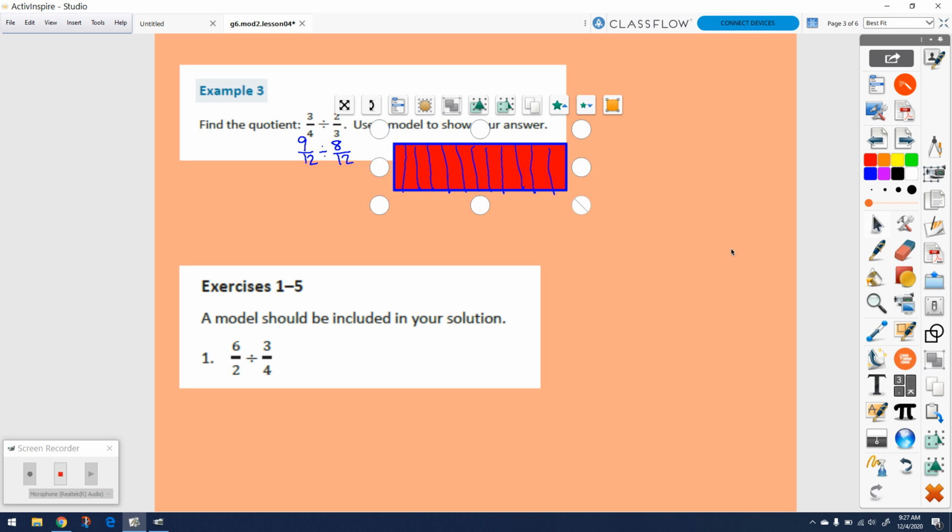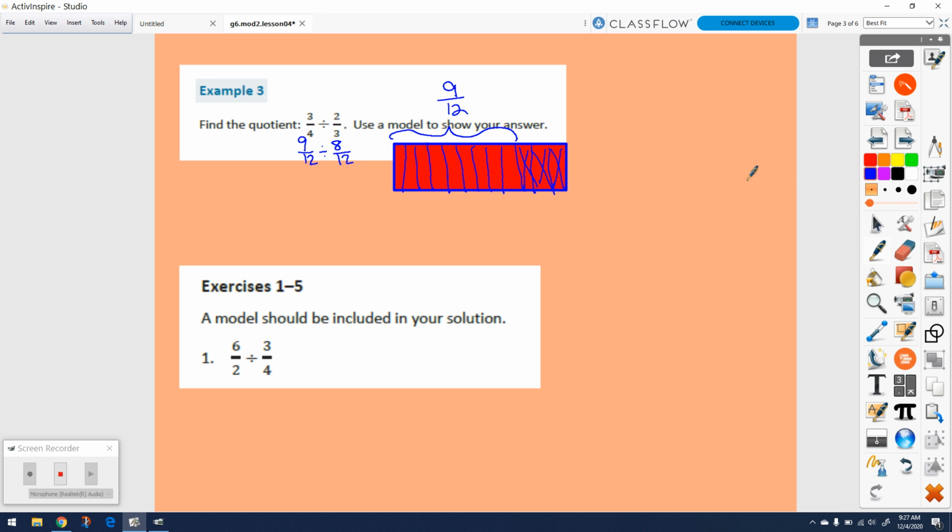All right, so there are my 12 pieces. And now I'm grouping them. Oh, wait, sorry. Out of these 12, we have 9 of them. So we do not have these 3. Okay, so we only have this right here, which is our 9/12.